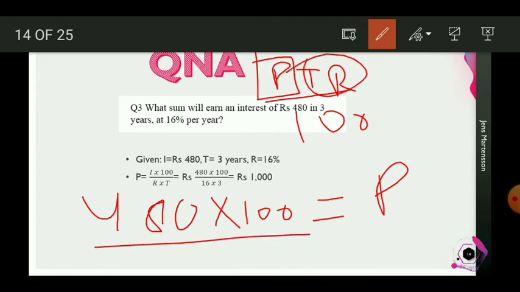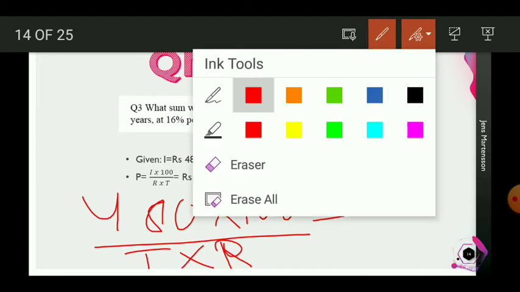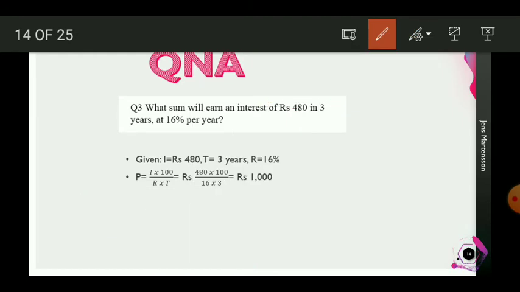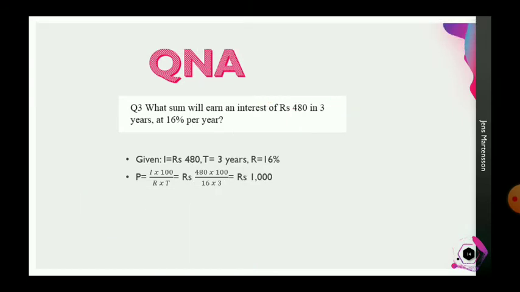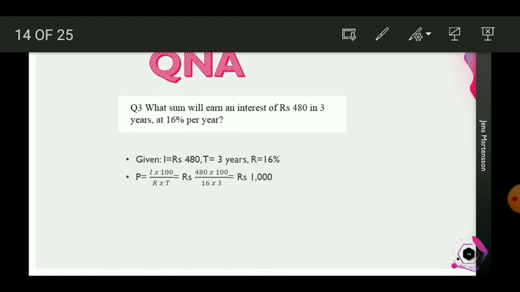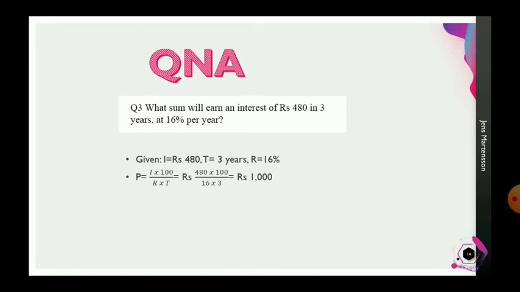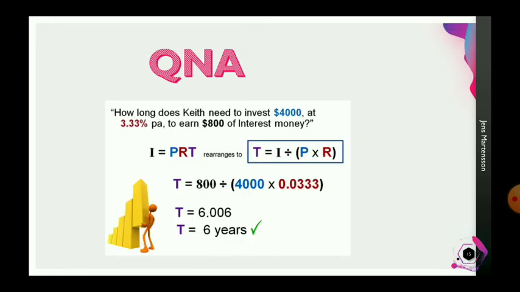That is going to be 480 into 100 upon T into R, which means 480 into 100 divided by 16, 3 times, divided by 48, that gives us 1000. So our principal amount is 1000. Isn't it easy to find out?